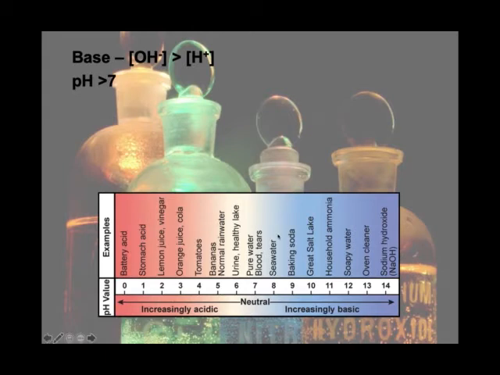So some things that are greater than 7 are seawater, baking soda, the Great Salt Lake if you happen to be in Utah, household ammonia, that's the stuff that is often in window cleaners and things like that. Soapy water is a base. We have oven cleaner and sodium hydroxide, which we talked about, hydroxide concentration. Sodium hydroxide is a very, very, very strong base.